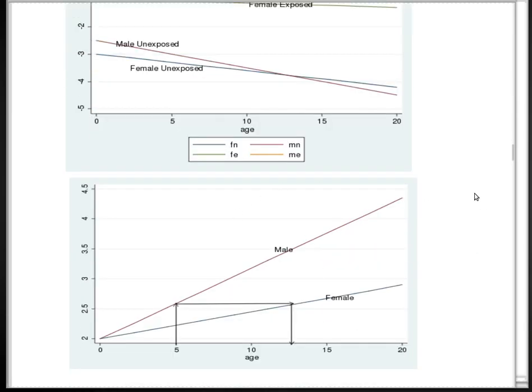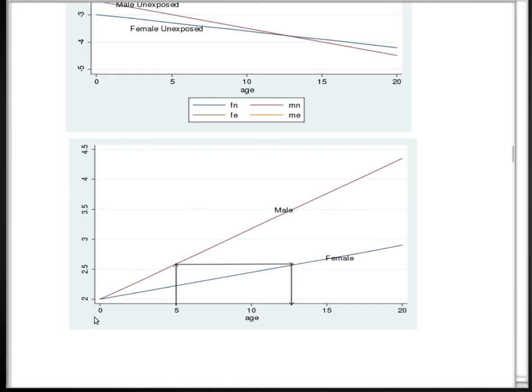That means that when I graph the log odds ratio versus age for the men and for the women, we get two lines that emanate from the same point when the log odds ratio is equal to 2. And now, notice what I have drawn here for you conceptually, and that is that the log odds ratio for the women at age 13 is this value, a bit more than 2.5.